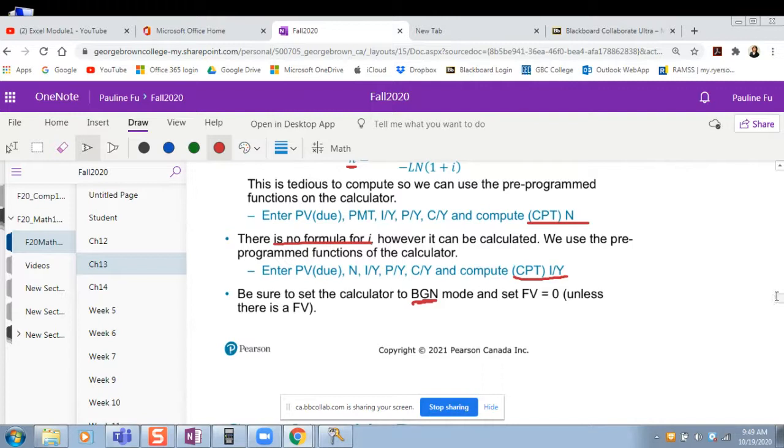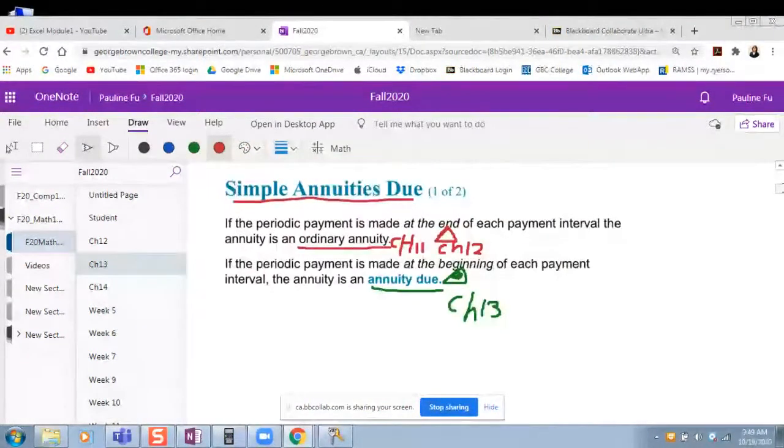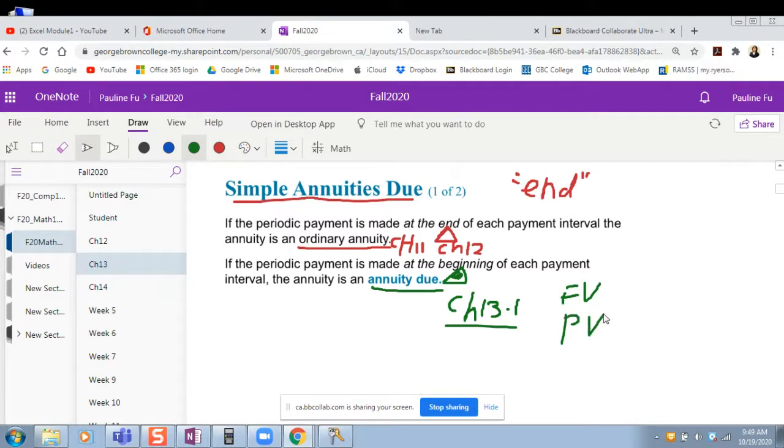Okay. So in summary, for simple annuities due, the most important thing is you need to make sure your calculator is in BGN mode. And what we did so far for chapter 13.1, we did future value, we did present value.